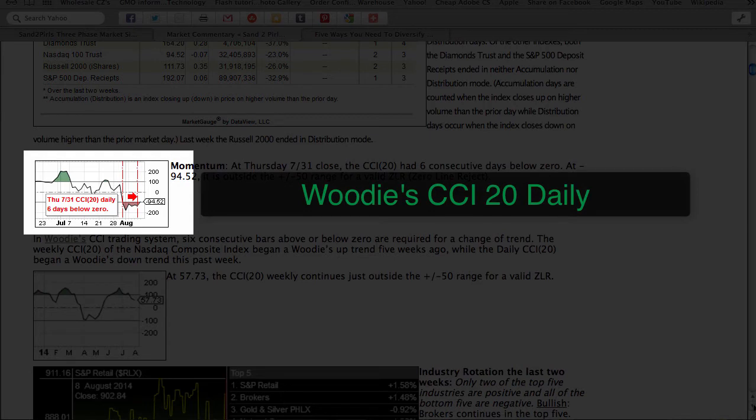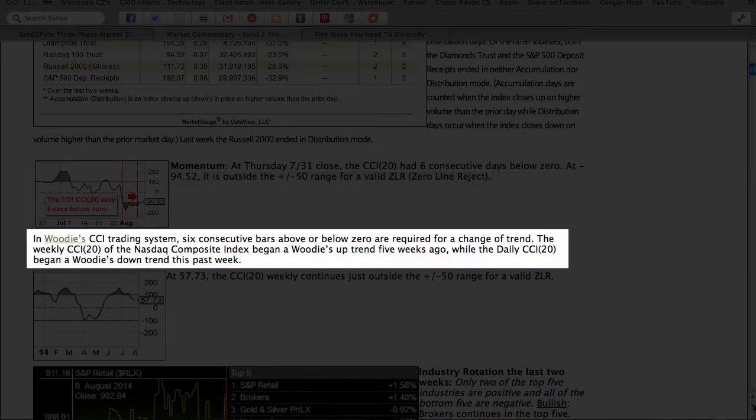Momentum. At Thursday, 7/31 close, the CCI 20 had 6 consecutive days below zero. At minus 94.52, it is outside the plus or minus 50 range for a valid zero-line reject. In Woody's CCI trading system, 6 consecutive bars above or below zero are required for a change of trend.